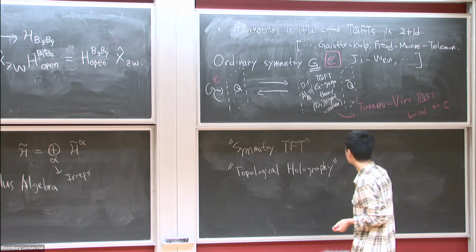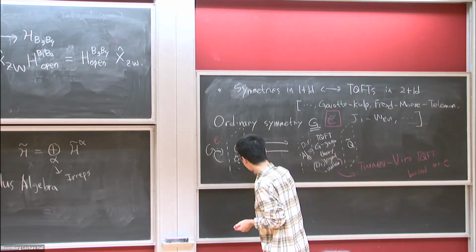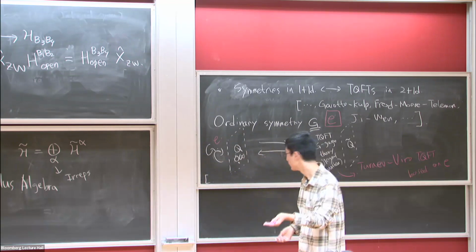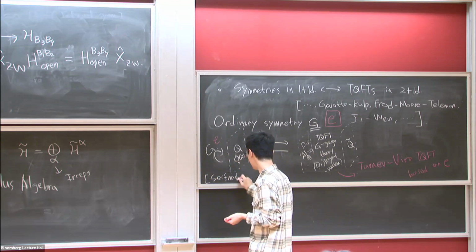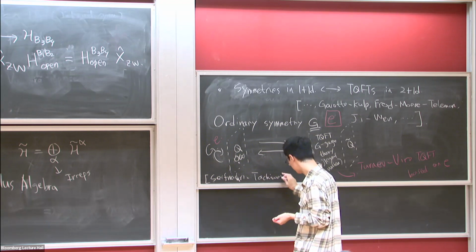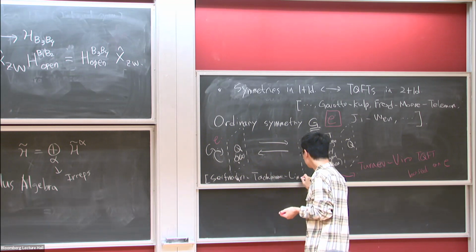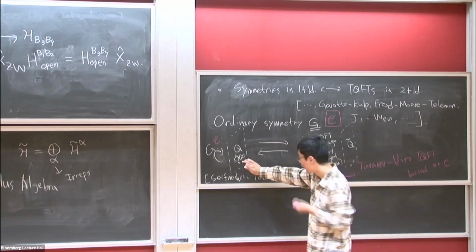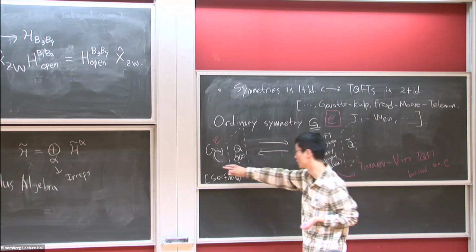So the canonical example of this is to consider, say, a local operator here. This was explained in a paper by Sahand and collaborators in the last few years. If you have a local operator in this side, let's say we have a G symmetry and the local operator is charged under this G symmetry.